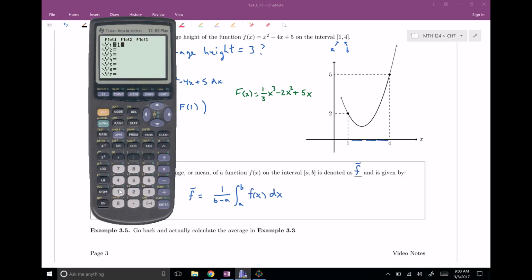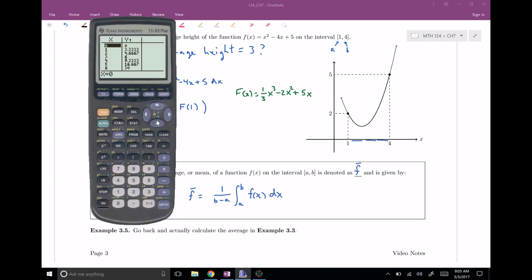So let's see, 1 divided by 3 times x raised to the 3rd power minus 2x raised to the 2nd power plus 5x. And I'm going to go to my table. Let me make sure that I have it set on reasonable values though. Starting at 0, jumps of 1. Okay, good.